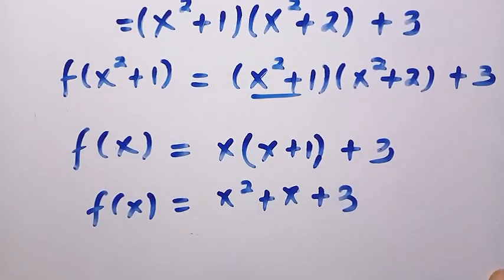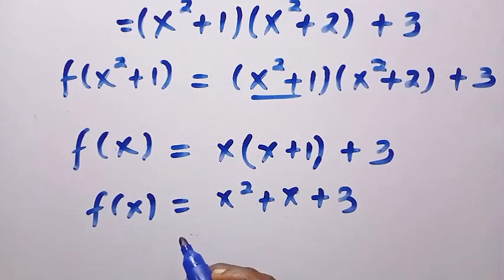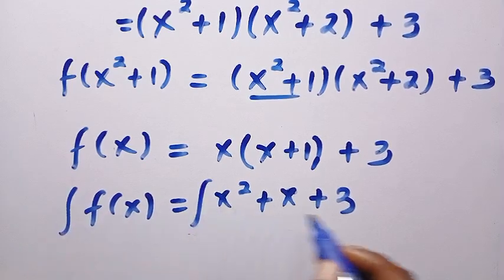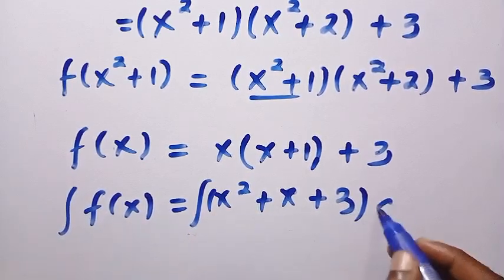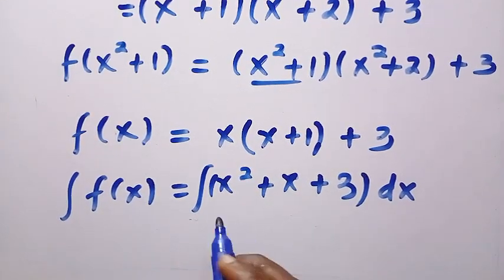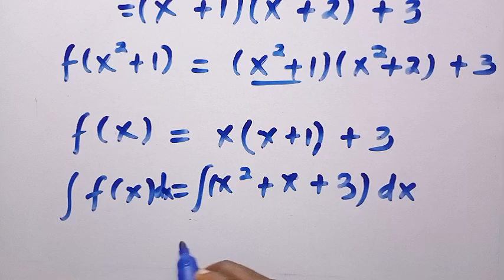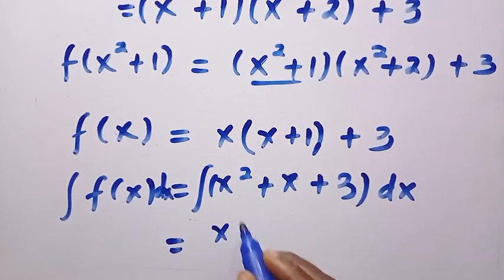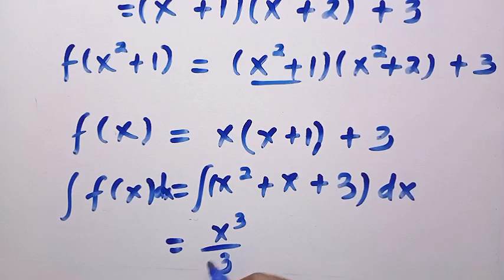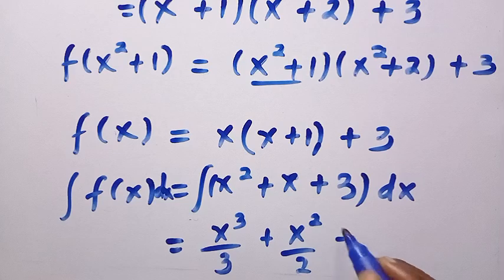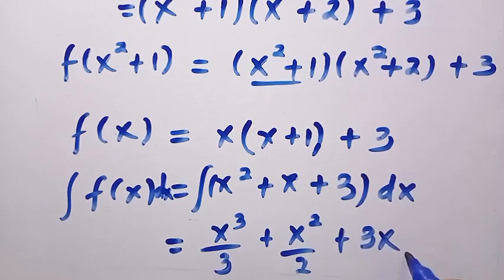And when we take the integral of both sides, we are going to integrate with respect to x. So here we have the integral of this, and we put this in brackets, and here is the dx. By the rules of integration, we increase the power by 1 and divide by the new power, so x squared becomes x to the power 3 over 3 plus, also this is x to the power 2 over 2, then plus 3x.